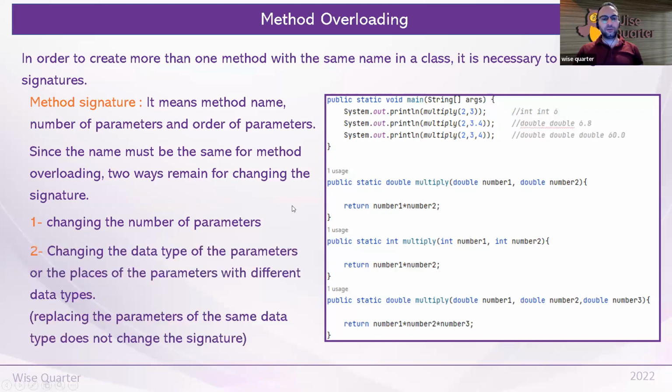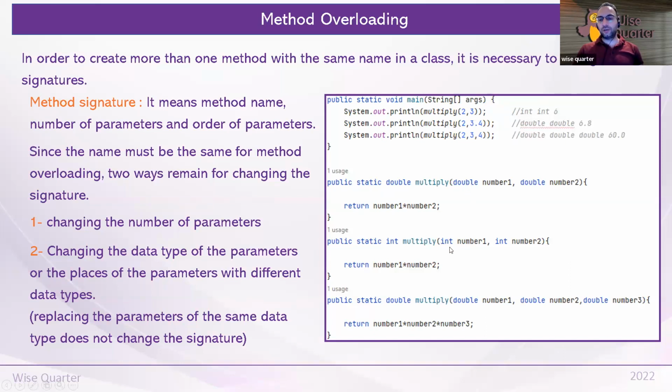The second one, you can also change the data types. There are 2 numbers here, 2 parameters for both methods. But here, the first one is using double, and the second one is using integer. In this kind of situation, changing the data type is enough, as you can see. It will create an overloading. Also, there's another option.